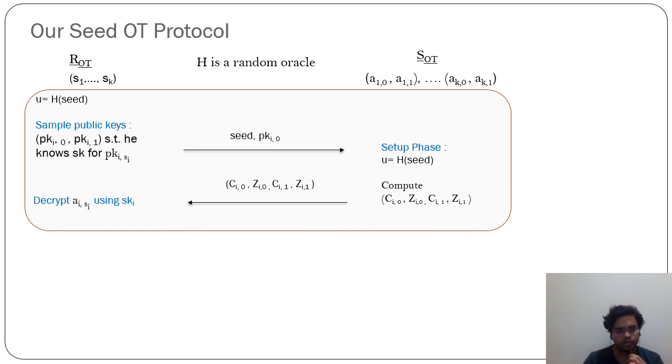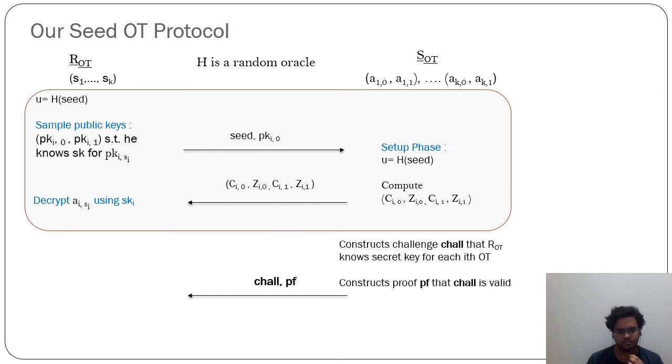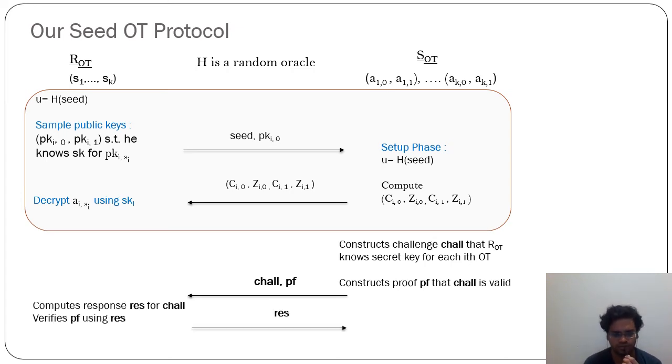We extract the receiver's input by incorporating a challenge response phase. That is, the sender of the OT protocol constructs a challenge that the receiver knows the secret key for each ith OT. He constructs a challenge and he also constructs a proof that the challenge is valid. He sends this challenge and proof to the receiver along with the second OT message.